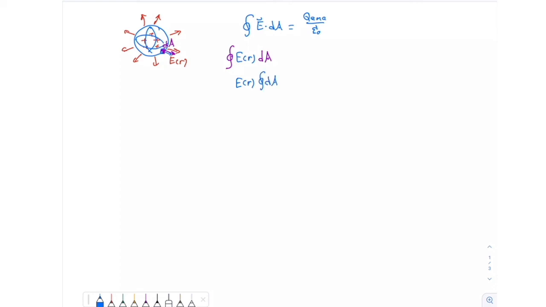And what is the integral around a sphere? The area integrated around a sphere is just the surface area of that sphere, which is 4 pi r squared. Let me make it clear that I'm measuring r here from the center.